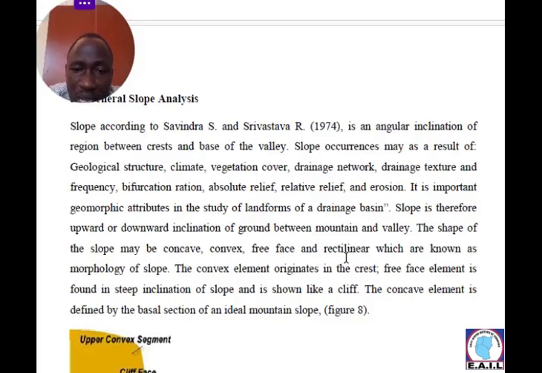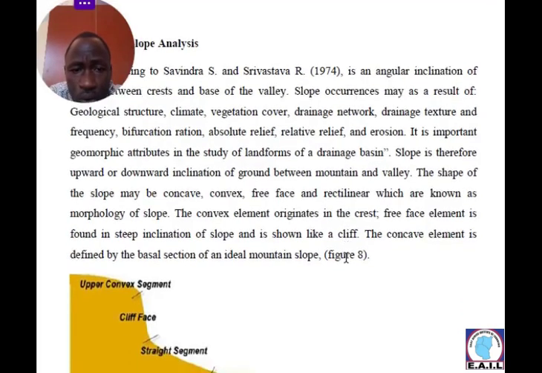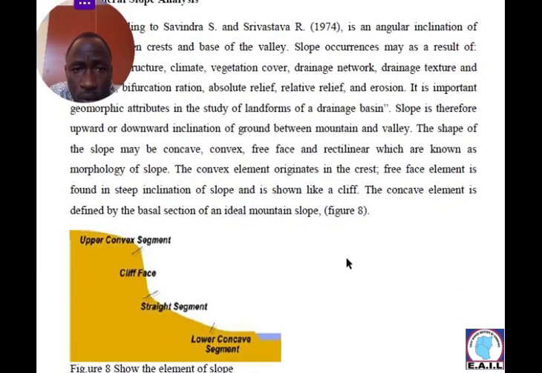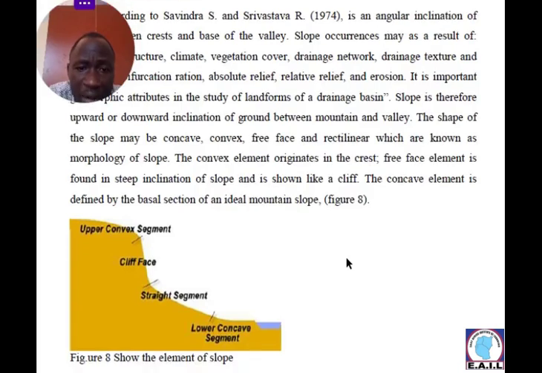Then we look at what the relief is endowed with in terms of morphometric attributes in the study of landforms or drainage basins. That is what we call the slope or the general slope analysis.